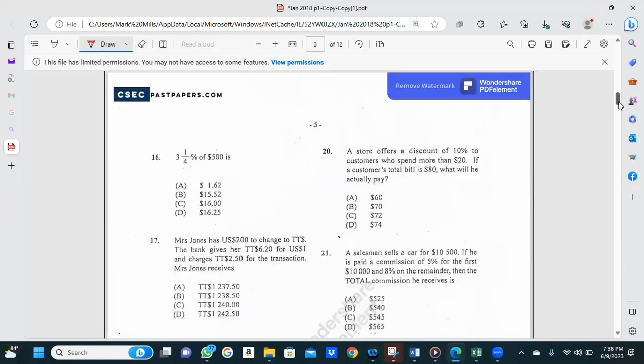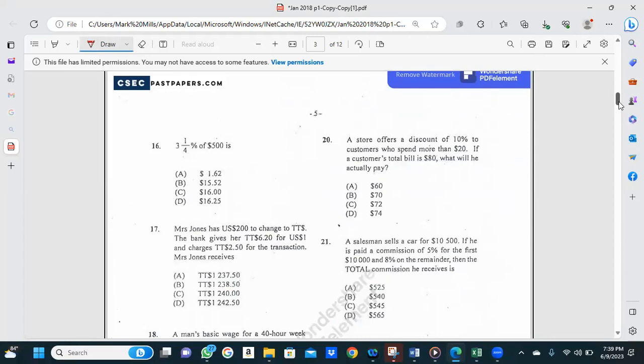All right, number 16. 3.25% of 500. How will I work out this? So this is the same thing as 3.25 over 100 times 500. Then we are left with 3.25 times 5.